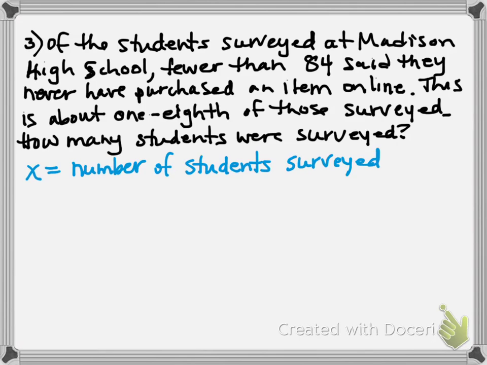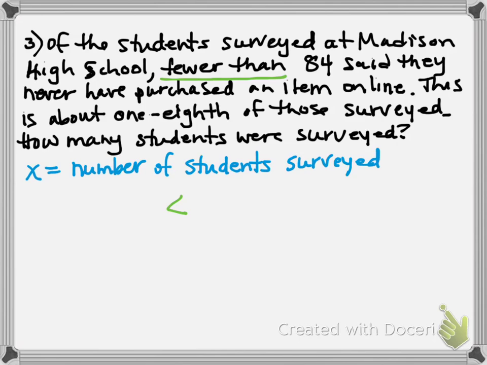In fact, what do you think that phrase tells us to write? It's a less than inequality. Okay, so then that next sentence says we've got fewer than 84 kids. This is about 1/8 of the students surveyed. So that 84 and the 1/8 student survey mean the same thing.